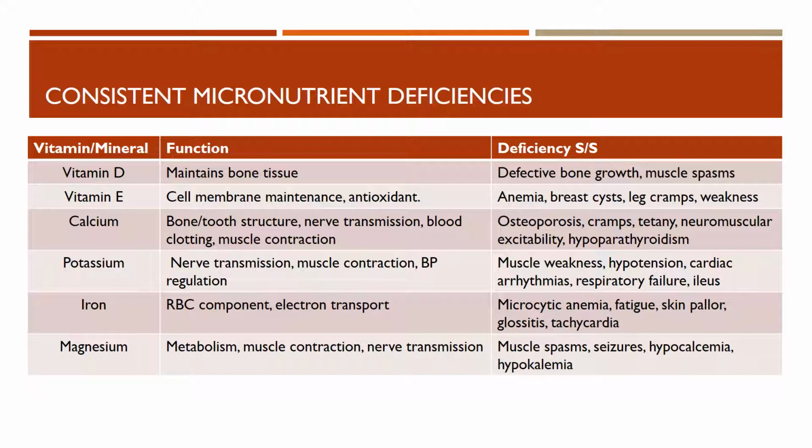And so no matter what blood type you are, according to the blood type diet, you would generally be low in these micronutrients, which could eventually lead to these deficiency signs and symptoms. So ultimately, this diet does not really provide adequate micronutrient intake, which can lead to a series of problems.